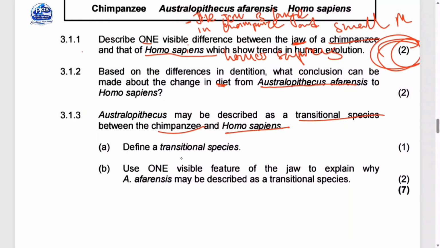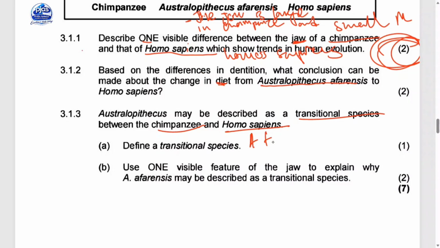And now they say define transitional species. So meaning that now a transitional species shows what?